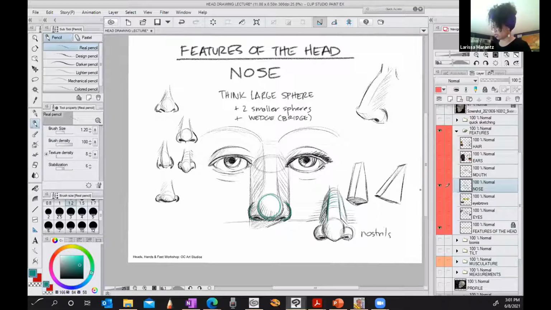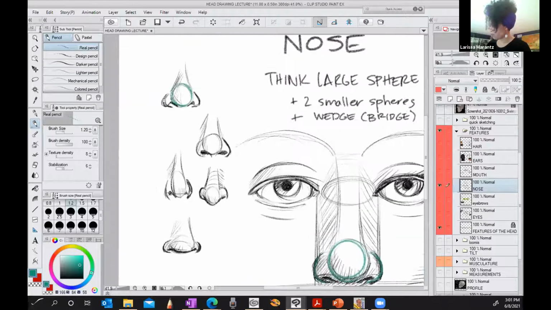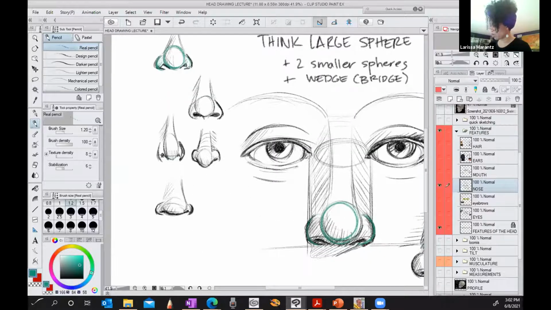Like here, I've done a few already, but the placement of these is going to change depending on the individual. This is more of a thinner, taller nostril, ball of the nose here.